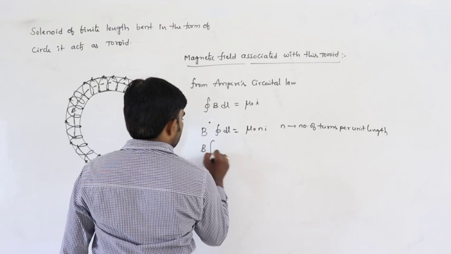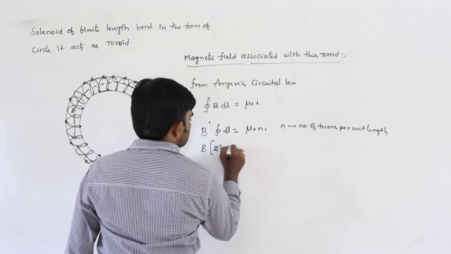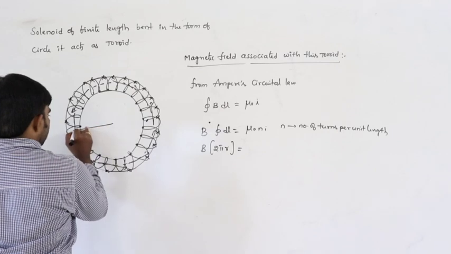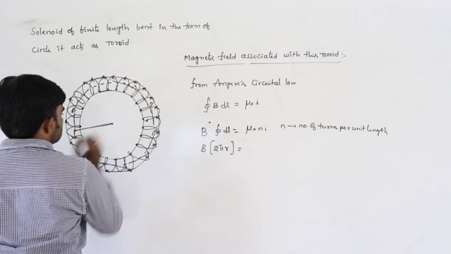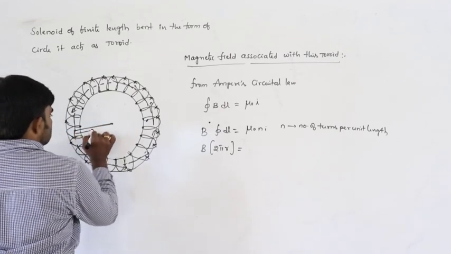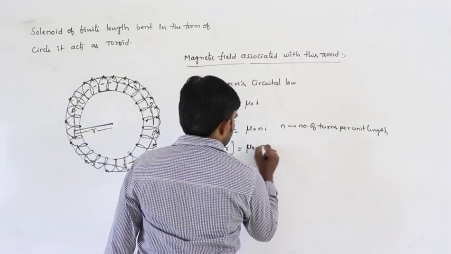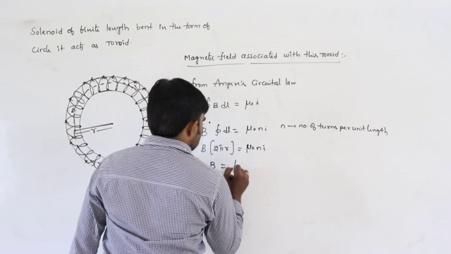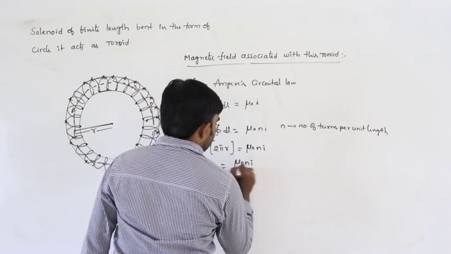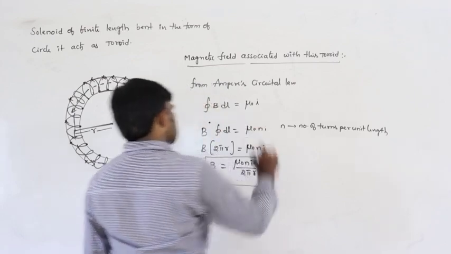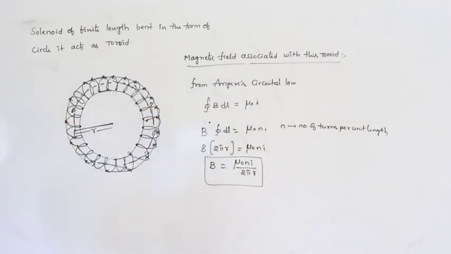So B times the integral of dl, the length of the circle, is 2 pi r, where r is the mean radius. We have to consider the mean radius. This is the radius. So that equals mu naught N i. So B equals mu naught N i by 2 pi r.